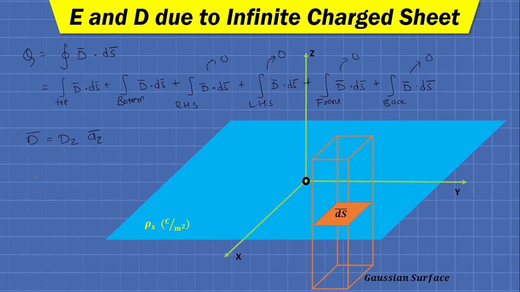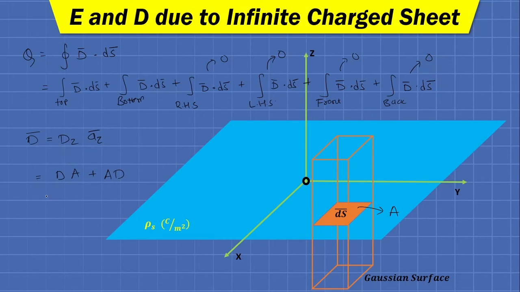So for the top surface we can write D bar dot dS bar as capital D into A, let us say the area is A. Fine, and the same thing can be written for the bottom surface.